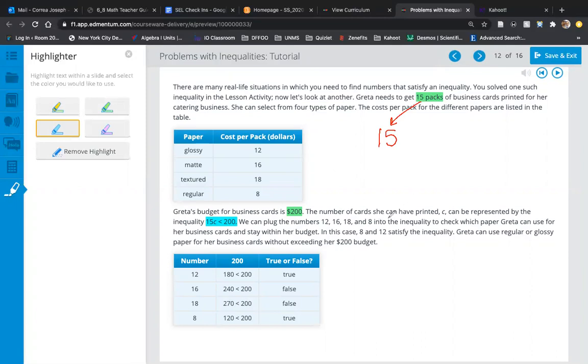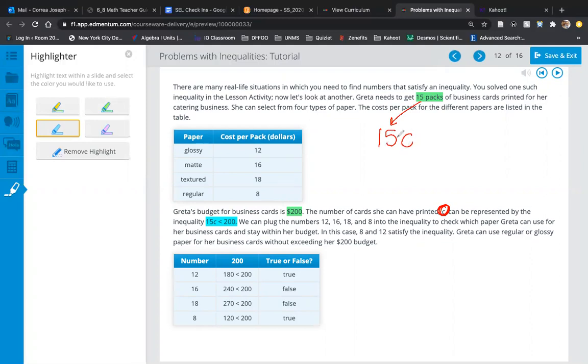C is the cost; the text says it's the number of cards that can be printed, but I think that looks like a typo to me. She needs 15 packs, and C represents how much it costs.